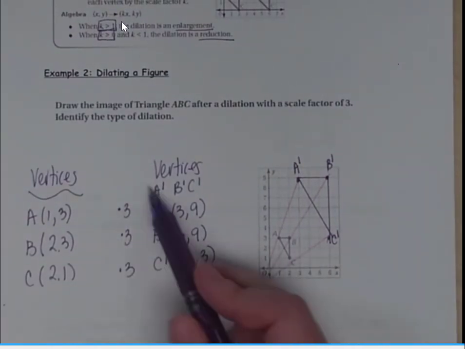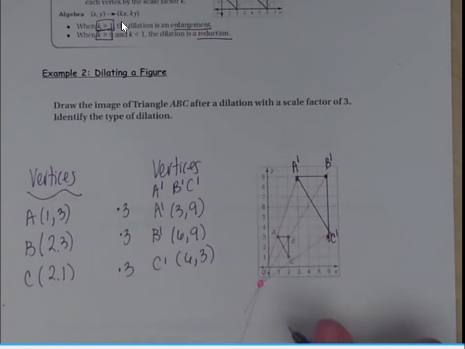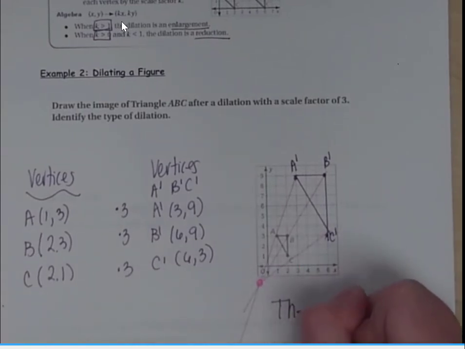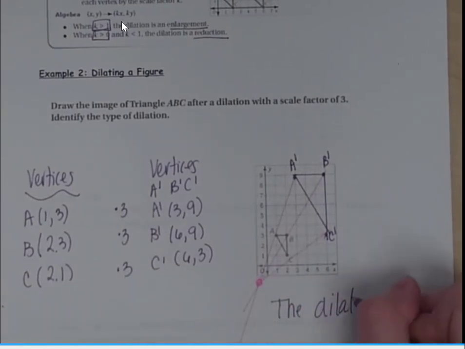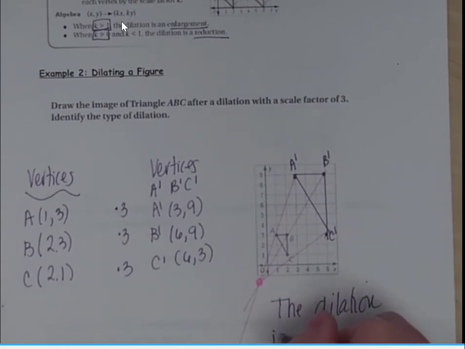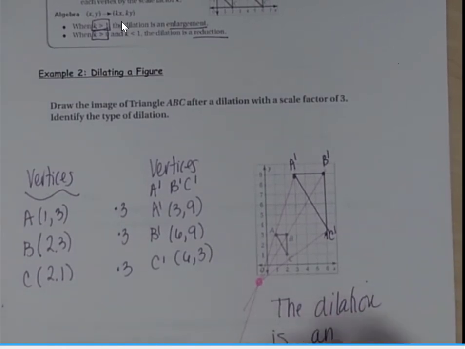So if I'm multiplying by a number greater than 1, I have an enlargement. So the dilation is an enlargement.